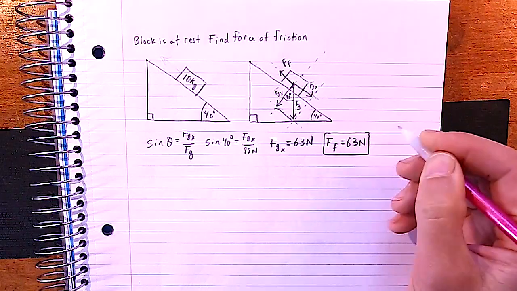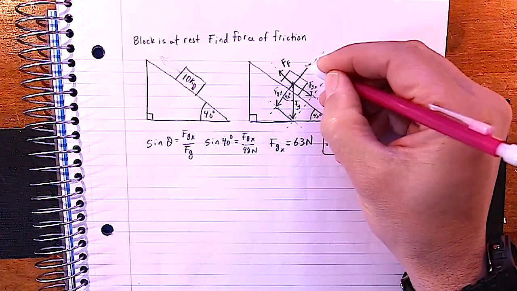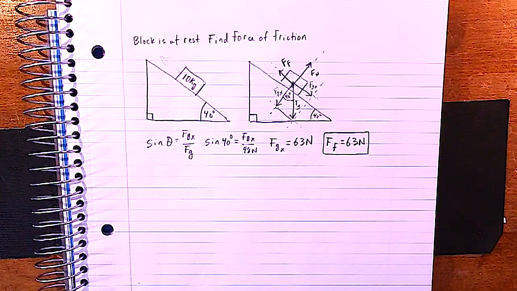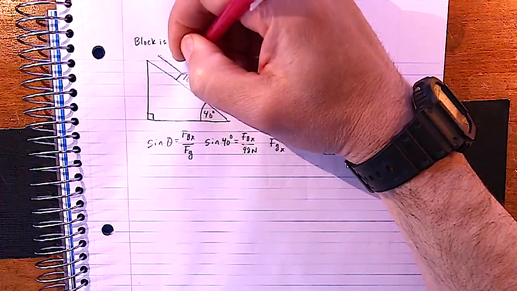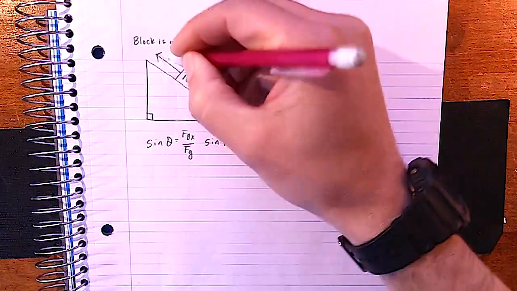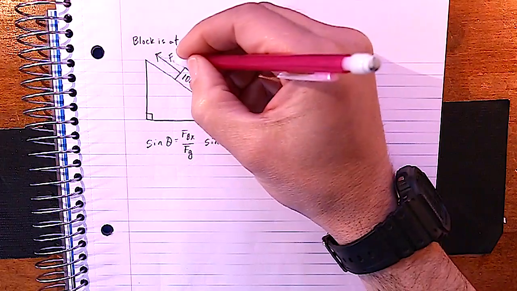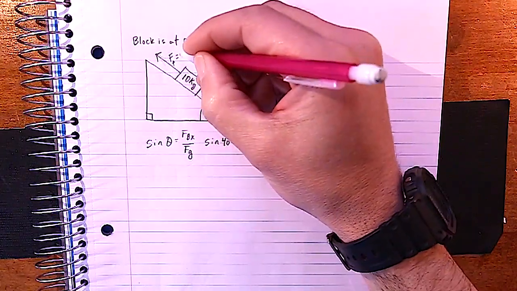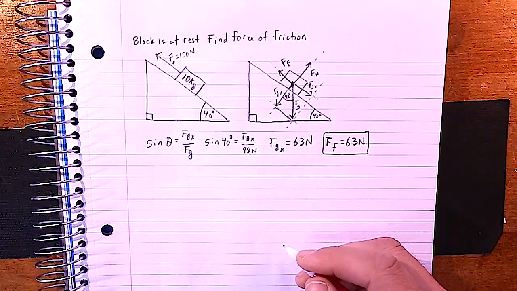Now, getting into more complicated problems, this might be an honors problem or something that you start to get into in a college physics class, would be what happens if we applied a force up the hill that drags the block accelerating up the hill. So let's say there's a force of pull up the hill of 100 newtons. What is the acceleration?